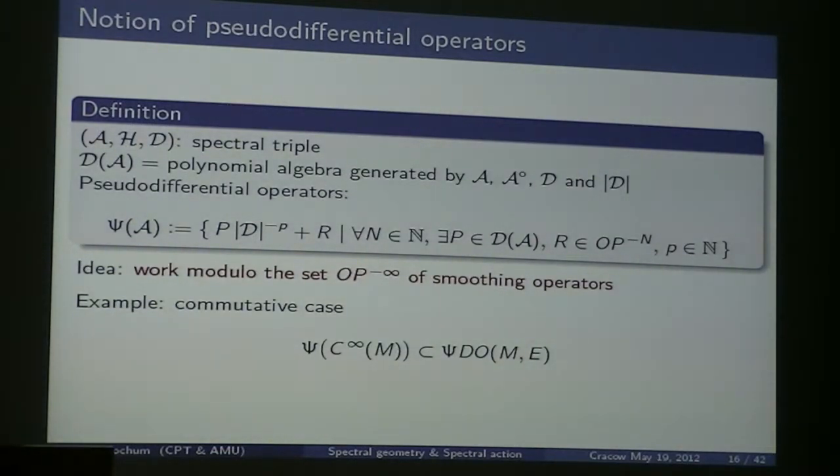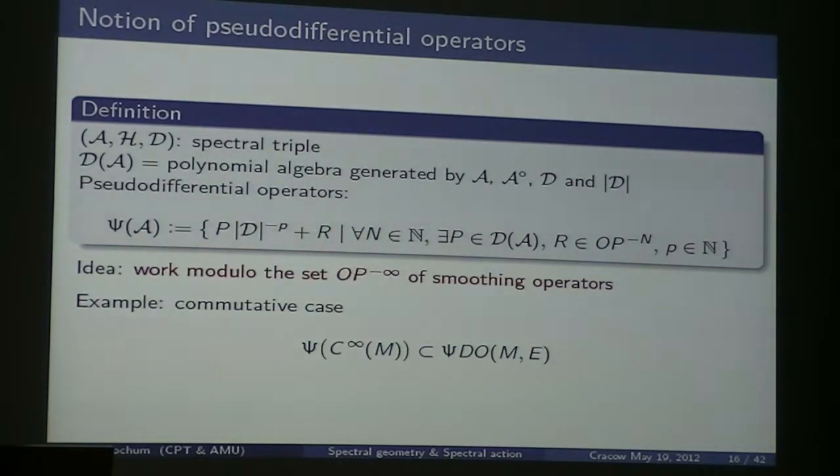Now we are ready for a definition of a pseudo-differential operator, namely they are always of the form absolute value of D to the power minus something, times something. This something should be in the algebra generated by A naught, this opposite algebra, D and absolute value of D, plus something.